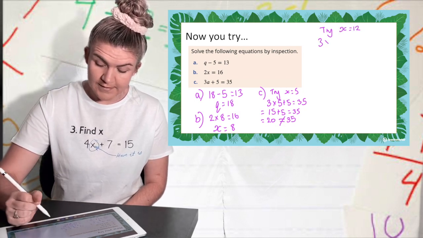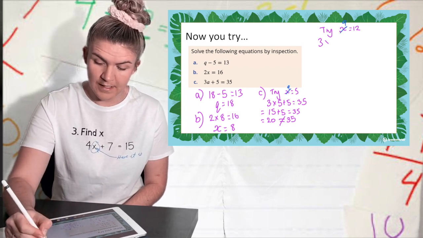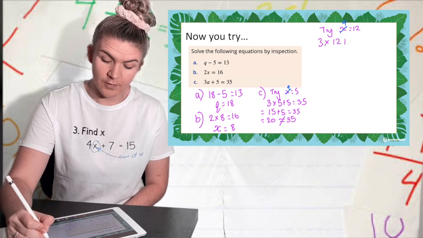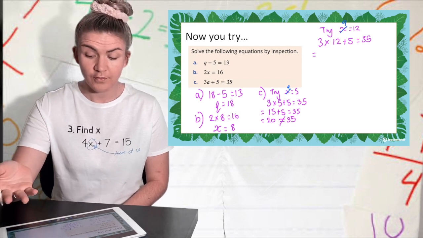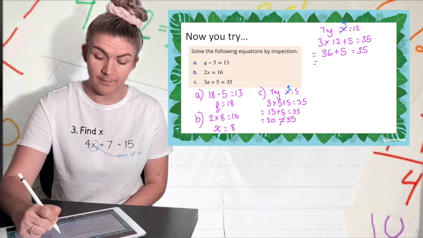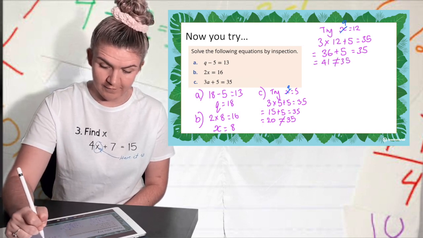3, oh sorry, these are a's. Oops. 3 times 12 plus 5 equals 35. 3 times 12 is 36. Oh, I'm already way too big. But I'm going to keep going till my end. 41 does not equal 35.